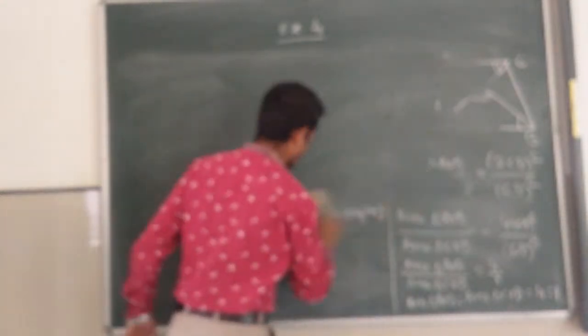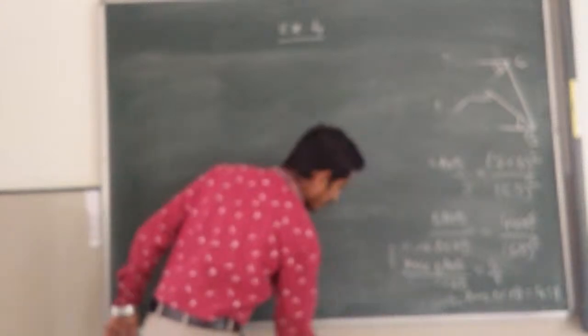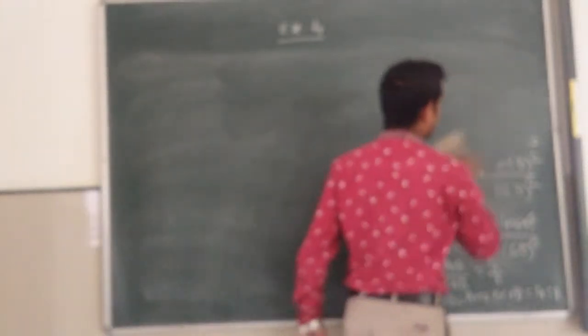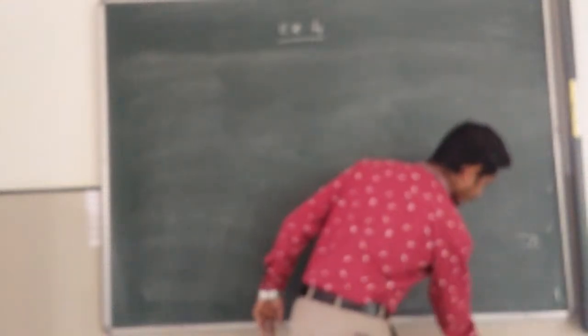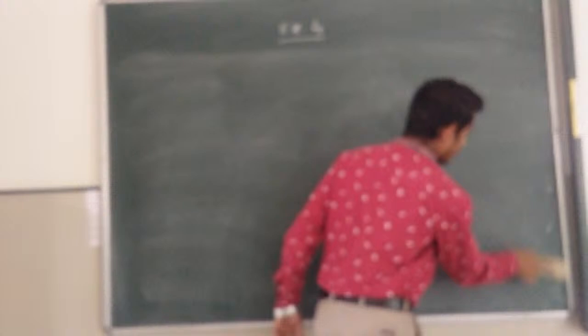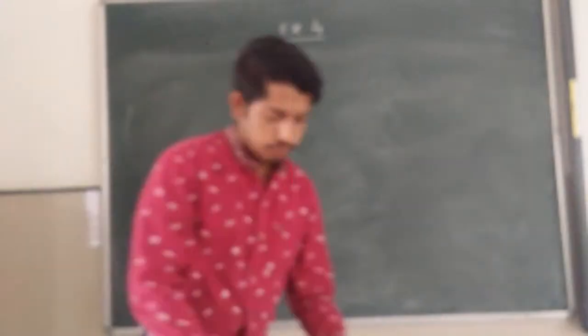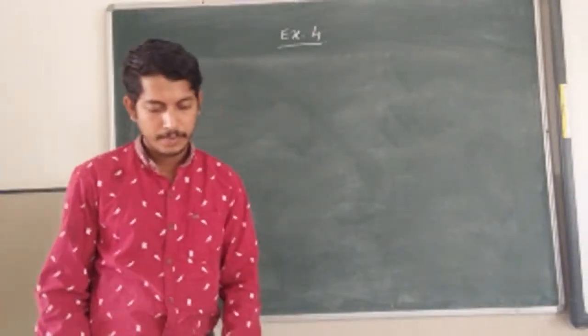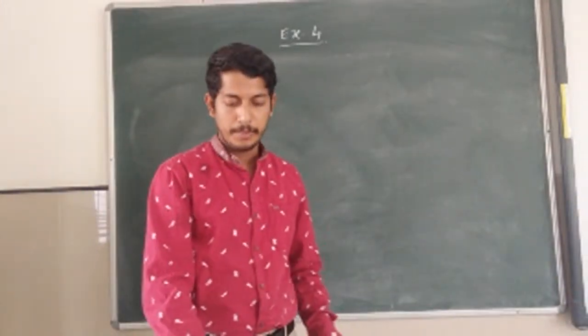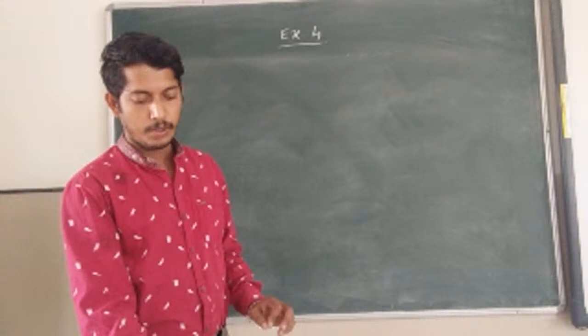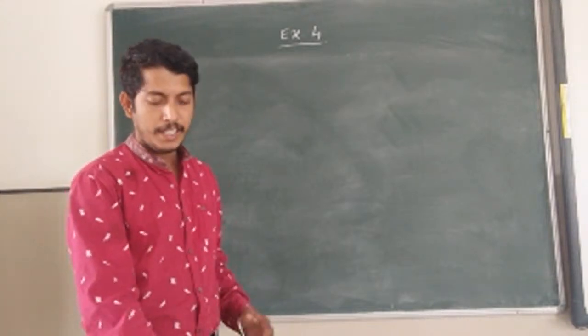Here is the third question. In the figure, ABC and DBC are two triangles on the same base BC.